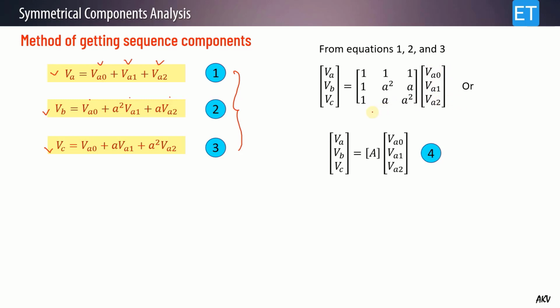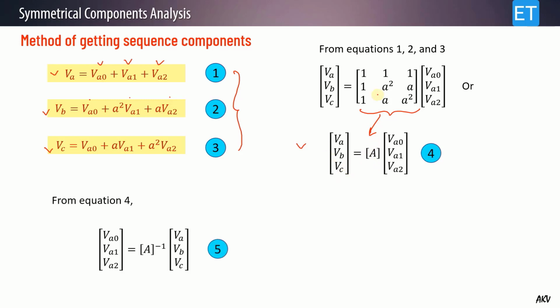Or you can write it like this. This matrix is represented by the matrix A, which is known as the transformation matrix. From equation 4 you can get this matrix. Obviously the A will go to this side, so you will get its inverse.